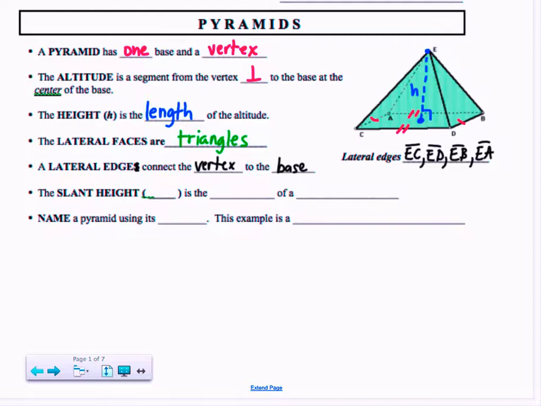Now, a new term is going to appear now that we're talking about pyramids, and that's something called a slant height. Math books label it with a script lowercase l, and what that is, a slant height is the height of a lateral face.